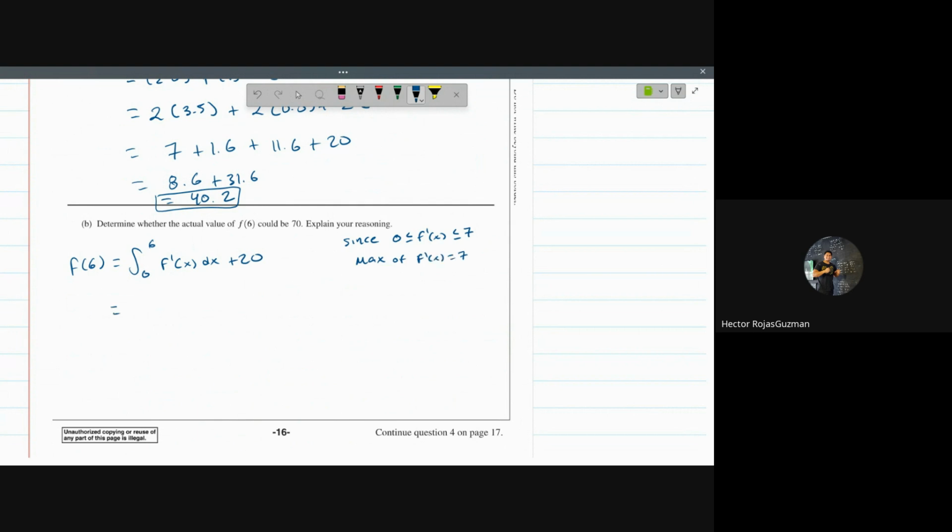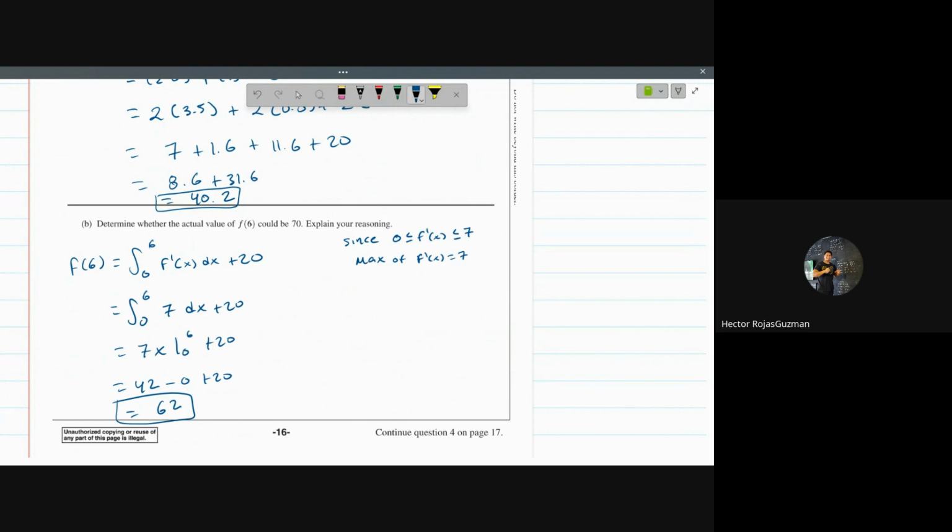So this is going to be the integral from 0 to 6 of 7 dx plus 20, which is 7x evaluated from 0 to 6 plus 20, which is 42 minus 0 plus 20, which is 62. So even if I take the absolute maximum value that f prime could be, I'm only going to get 62.